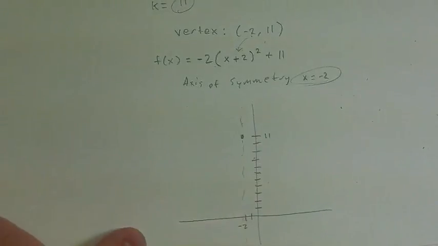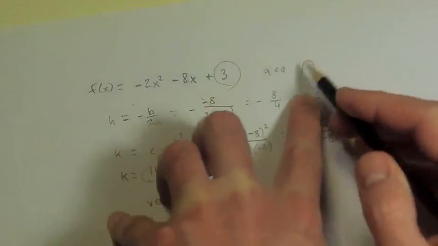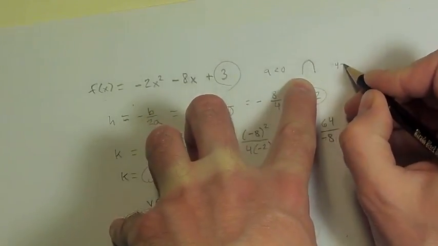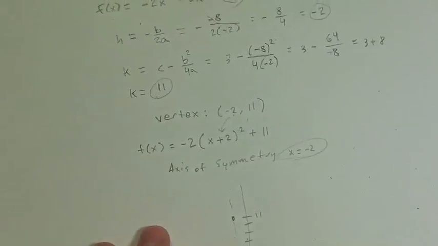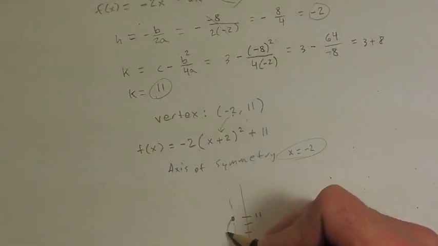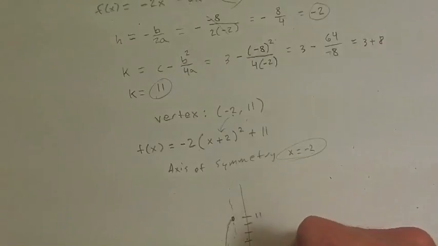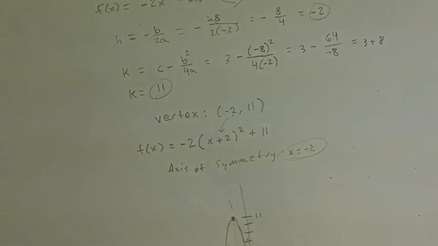And I can find my next point too, because if I go all the way back to my original thing, that's something I could have mentioned here, that the y-intercept is 3. Okay, 1, 2, 3, so we know we're going to hit that point here, and then I'm 2 away. I also know, because of symmetry, that I have to hit 3 here. So this guy opens downwards like this.